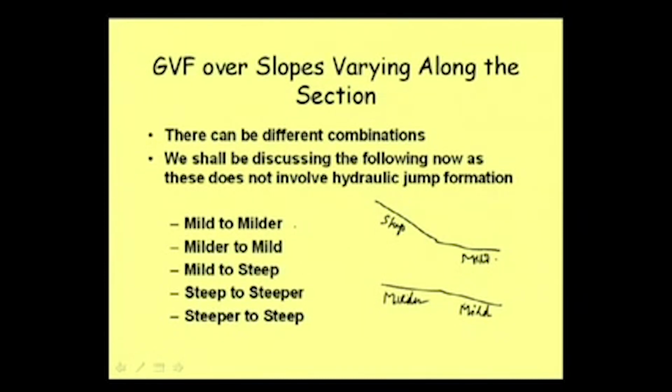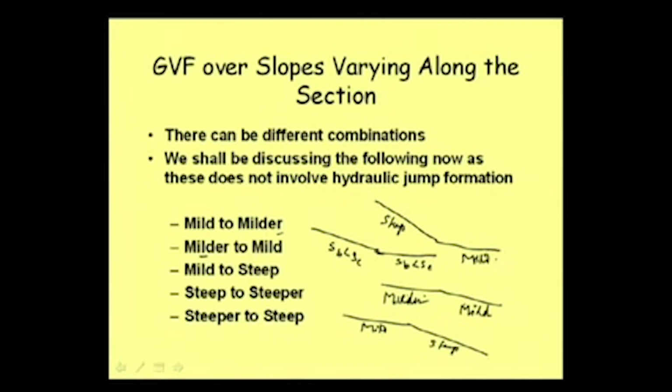Well, now here we shall be discussing some of such cases. We are taking the case mild to milder. Mild to milder means first it is coming like this, it is a mild slope, SB is less than or equal to SC, then it is becoming still milder. Here also SB is less than or equal to SC, but it is flatter than this one. Then we can discuss milder to mild, that means this case. Then we can discuss mild to steep, say a mild slope is coming, then it is becoming steep.